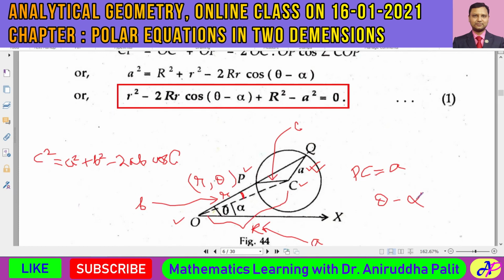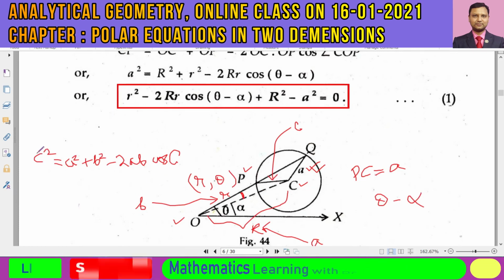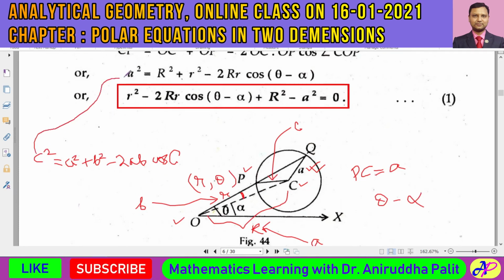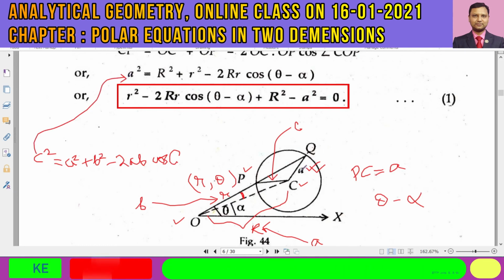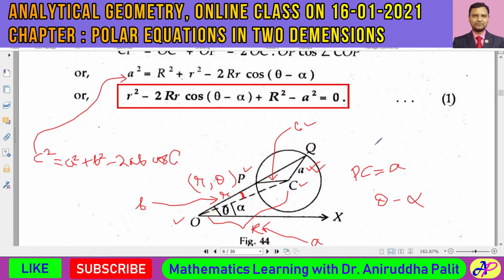Therefore, c square means c can be considered to be equal to small a over here, as I told you, c square is equivalent to this radius small a.